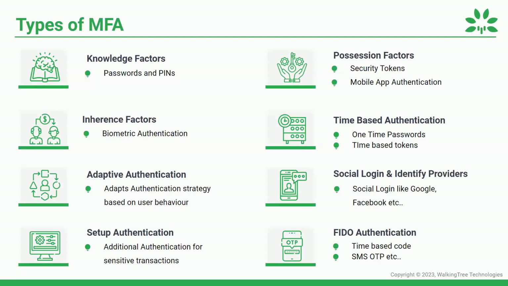Social login identifiers, which we already discussed, like Google, Facebook, Twitter, etc., can also be used as one of the factors in the multiple factors that you consider for your IAM solution. And like adaptive authentication, you can set up an additional authentication for sensitive transactions. For example, in a banking application, a sensitive transaction could be debiting some amount.